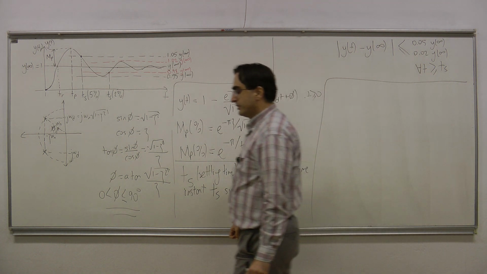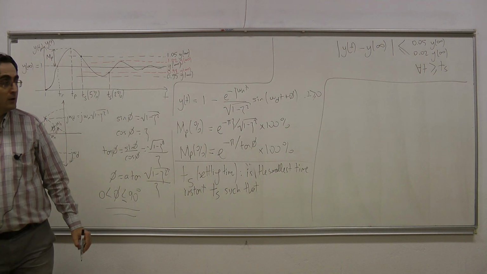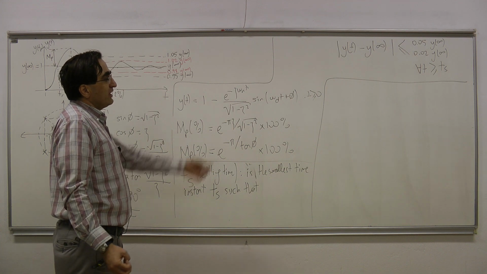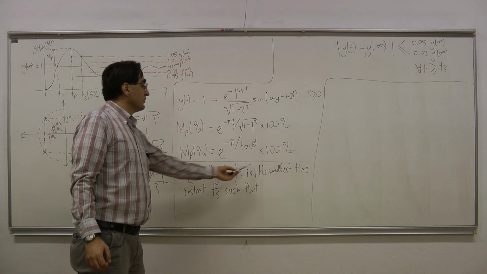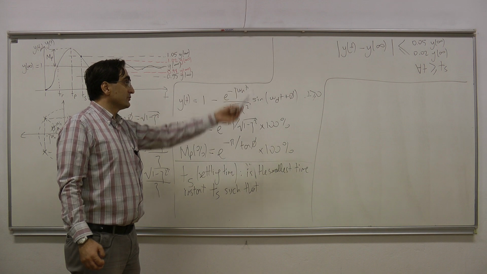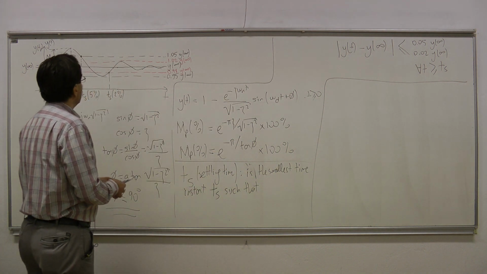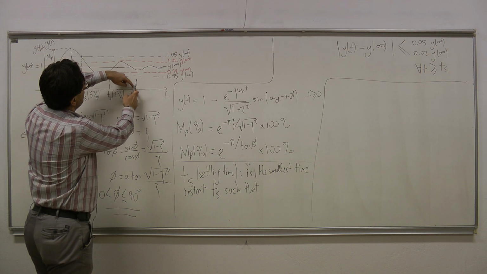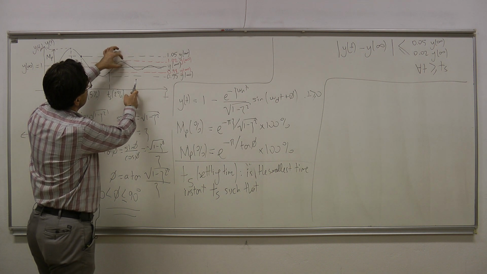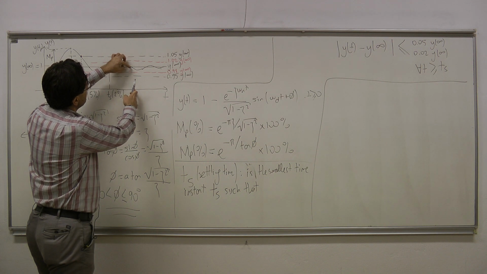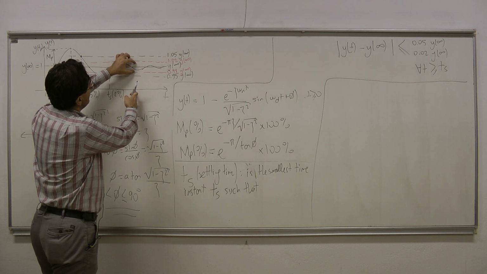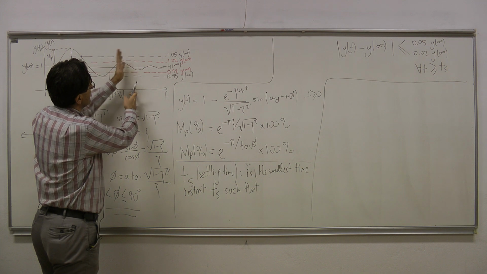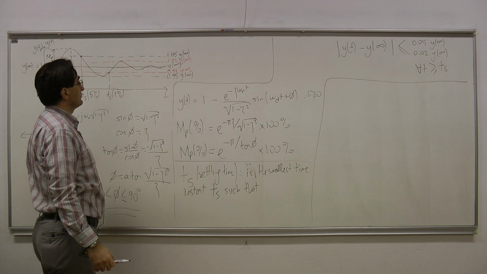It really doesn't matter. So here, what are those ts values? I'm looking for the smallest such ts value. For example, if I take such a ts value, then I know that the difference between the response and the final value is always inside the 5% band, and it is also inside the 2% band to the right of that ts value.